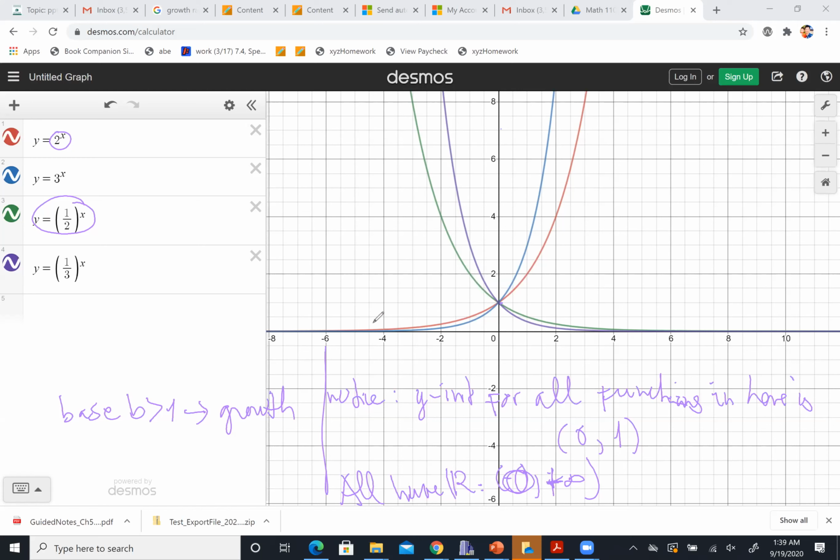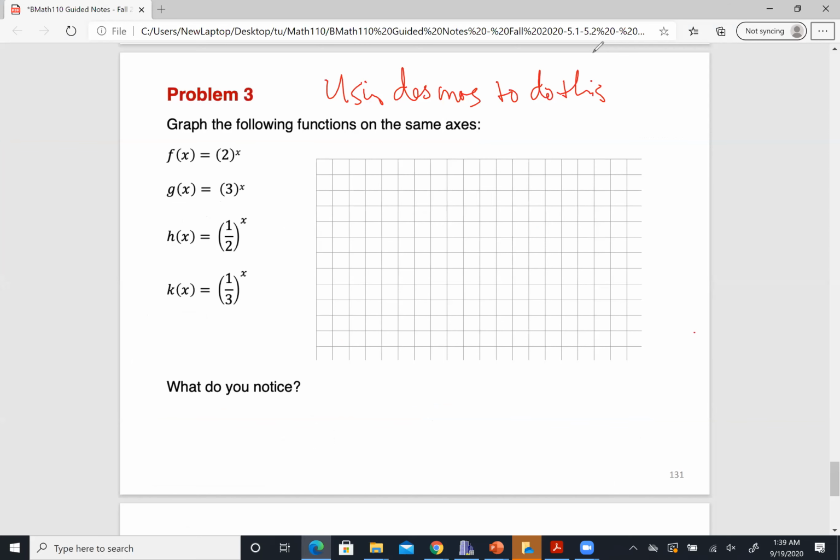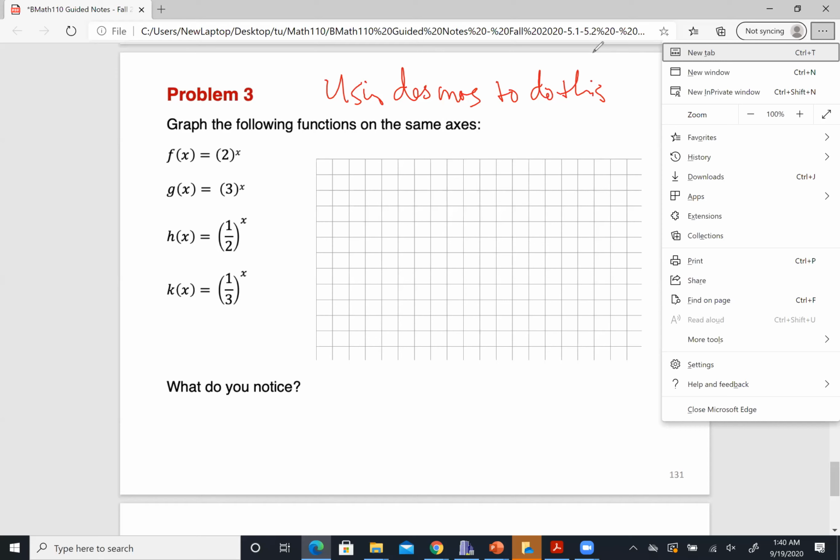It's going to be a growth function, an exponential growth function, and a base b less than 1 is going to be a decay function. So that is a note for this one, and we're done with problem 3. Okay, so now let's go down.